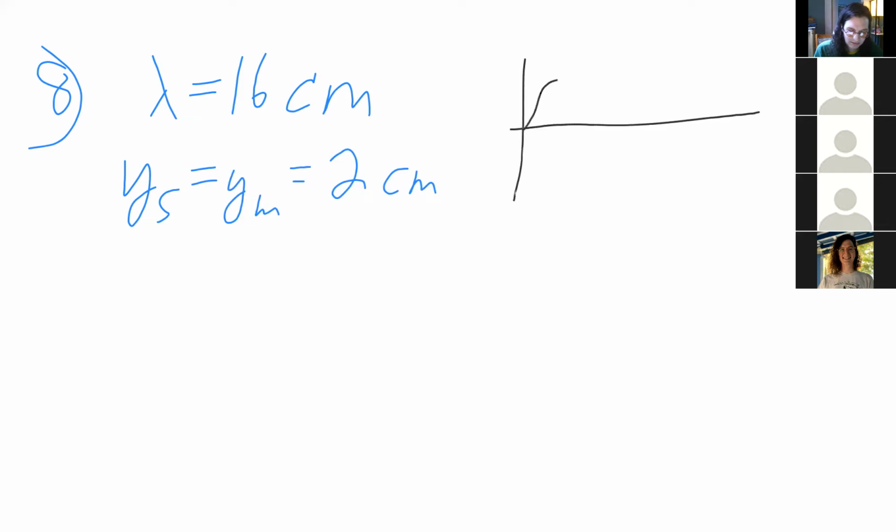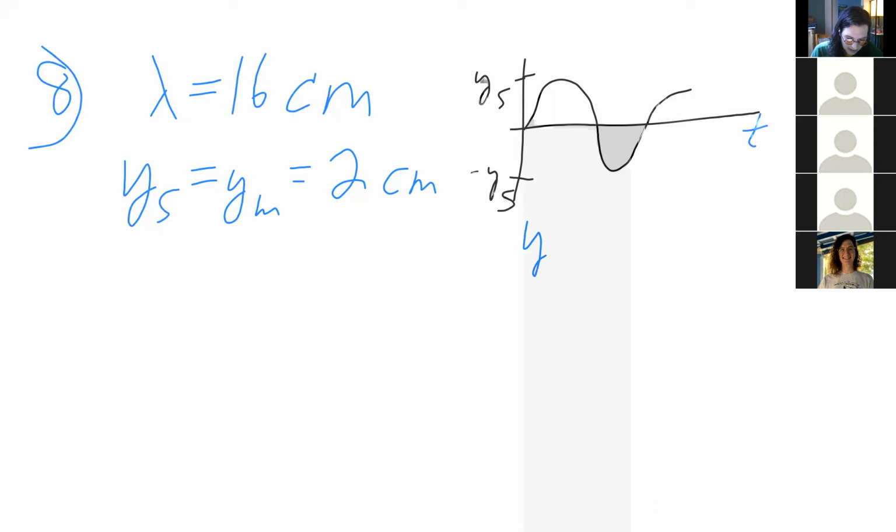And you just have a sine wave. Goes like that. This is y sub s, and this is negative y sub s. And this is a picture of the particle at x equals 0. So this is a function in terms of time for the particle at x equals 0.